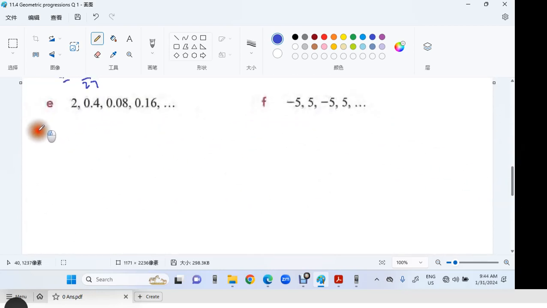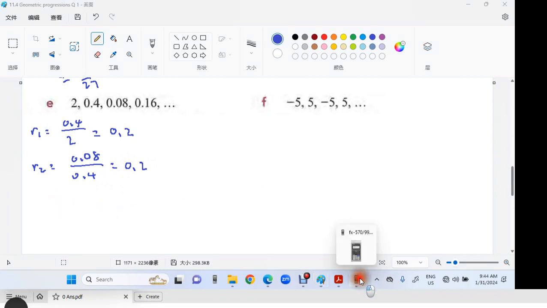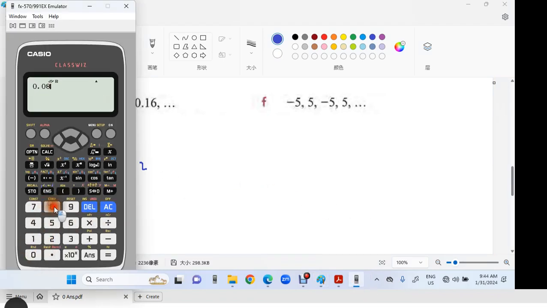So E, the R1 is 0.4 over 2, so it's 0.2. R2 is 0.08 divided by 0.4, okay, then it's 0.2, 1 over 5.